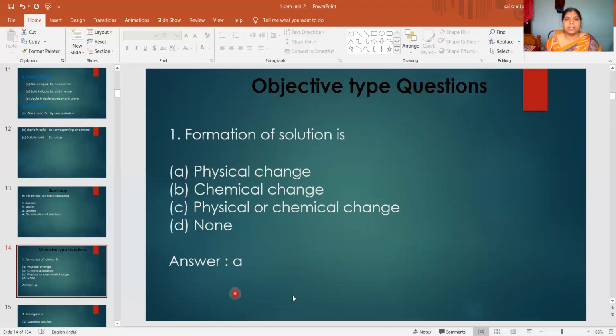So answer is A. That means when you add salt or sugar to water, those salt and sugar molecules will dissolve. It dissolves in water. That is known as physical change.